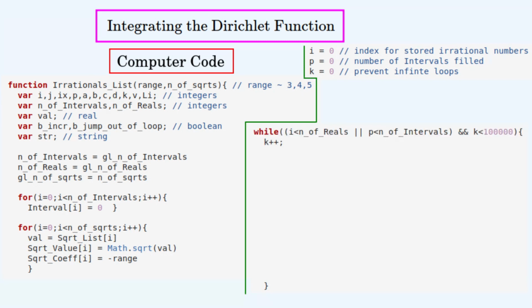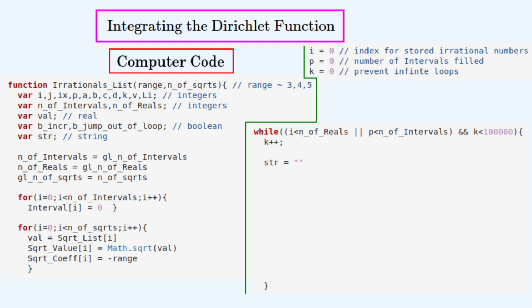So we'll make up this while loop the same way as we did for rationals list. The loop terminates when both enough irrational numbers have been found and when all of the intervals have enough irrational numbers in them. It will also terminate if too many cycles have been made. We'll store the name of this function in this variable, which is short for string.